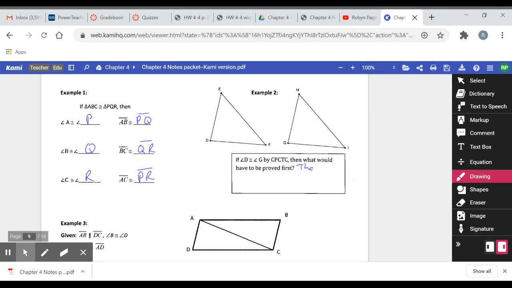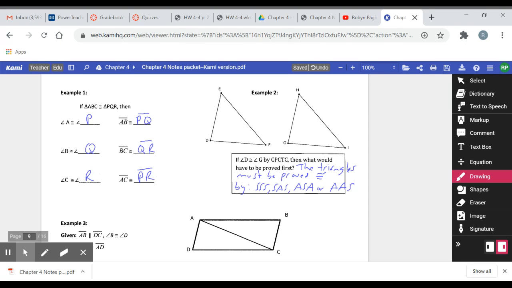The triangles must be proved congruent by, and then our choices are side, side, side, side, angle, side, angle, side, angle, or angle, angle, side, the 4 things that we've talked about.